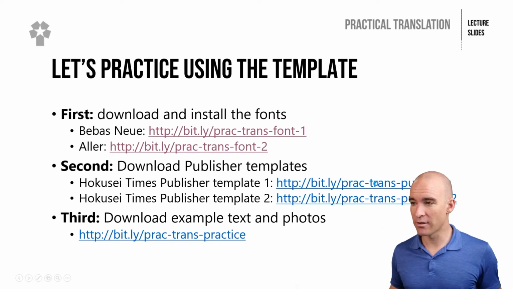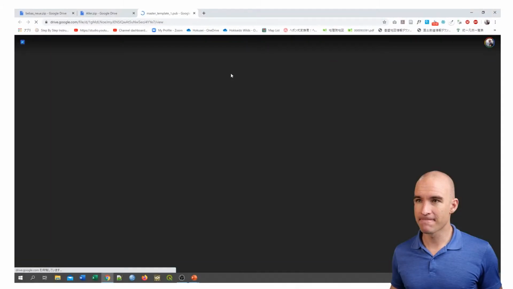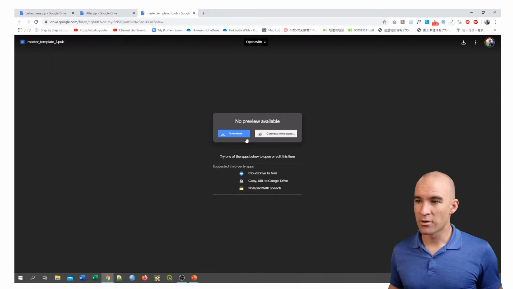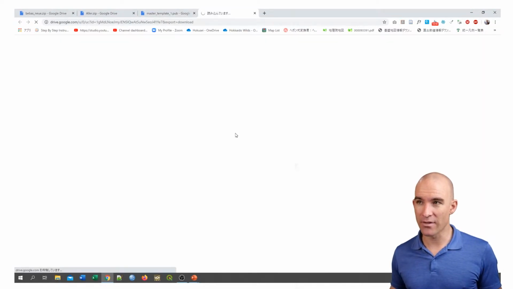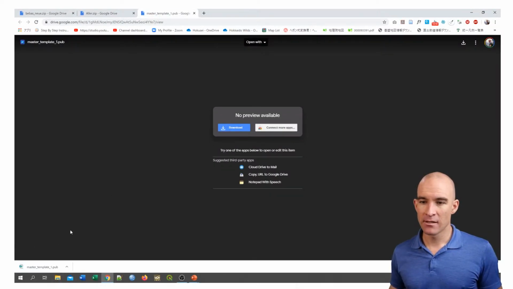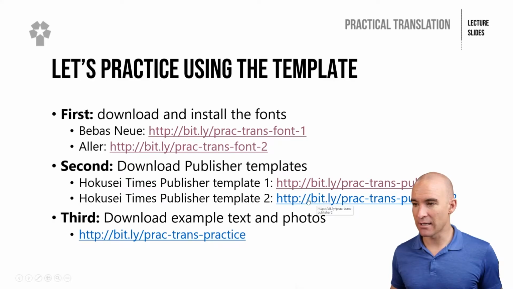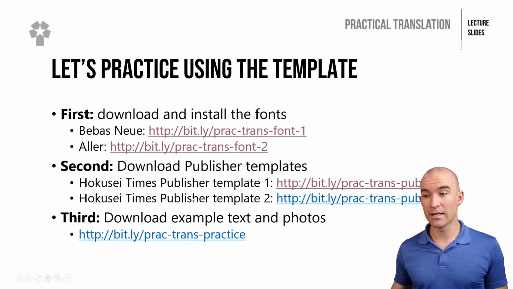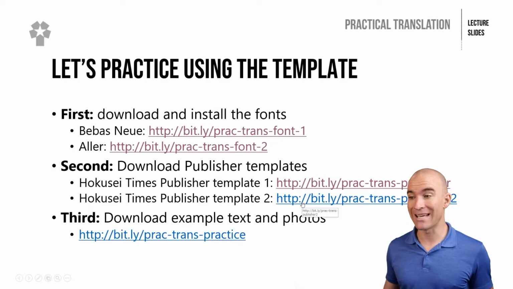So we click on the first template. No preview available, but we can download it. So I'm going to download that. And that's downloaded here onto my computer. I'm going to go back to my link here and download the Hokusai Times Publisher Template 2.